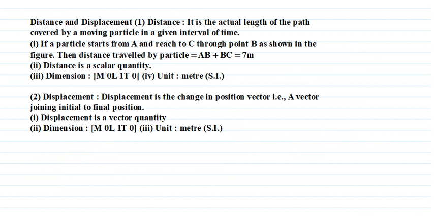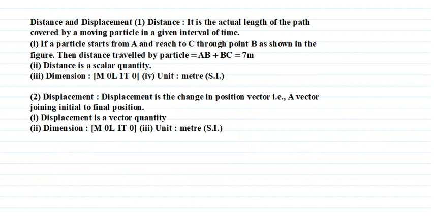Next, we have discussed what physical quantities are. Physical quantities are the properties of any physical event, and there are two types of physical quantity. The first one is scalar quantity and the second one is vector quantity.